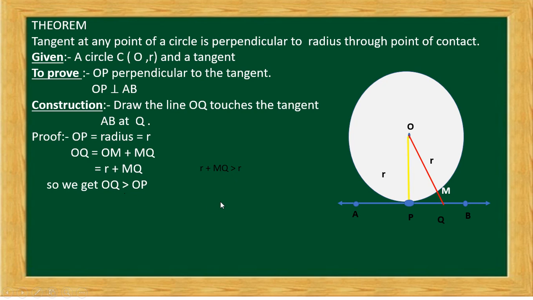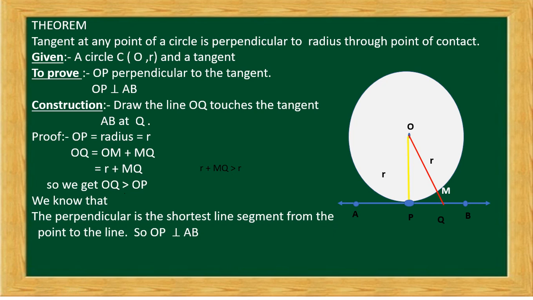Now we know that the perpendicular is the shortest line segment from a point to a line. Now how is it? We have learned this in the earlier class.